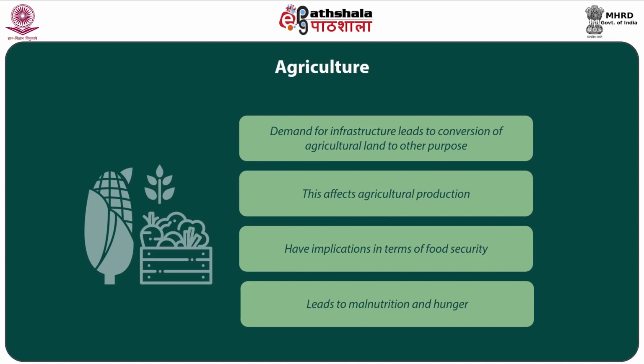As a result of that, agricultural production is likely to be affected, and this will have implications in terms of food security and also may lead to malnutrition as well as hunger.